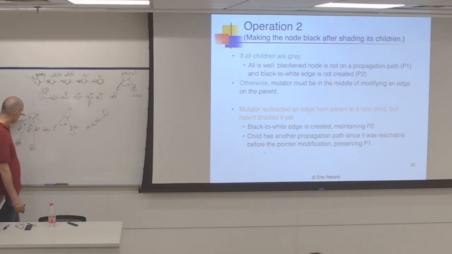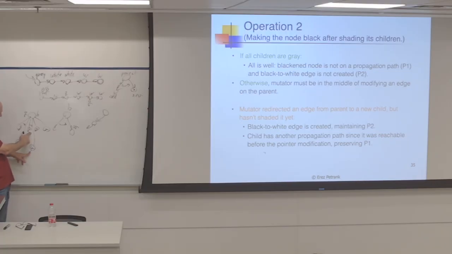So how can I lose a propagation path? This was gray, and maybe this thing that I added here was white, and it had a propagation path before I made it gray, and also before this modification, right?